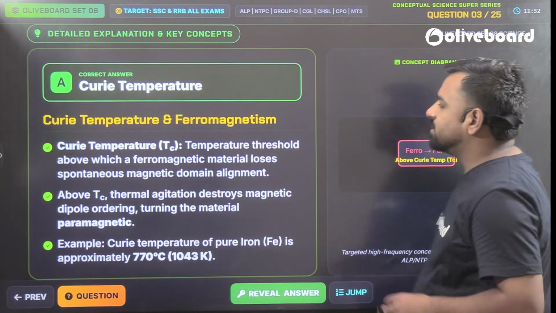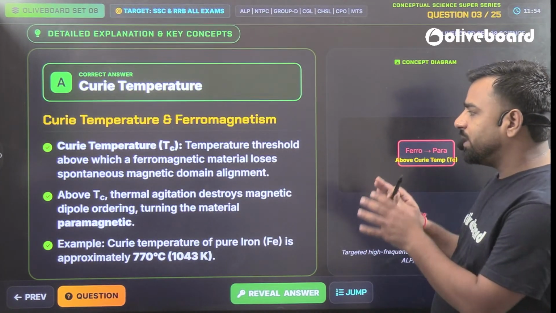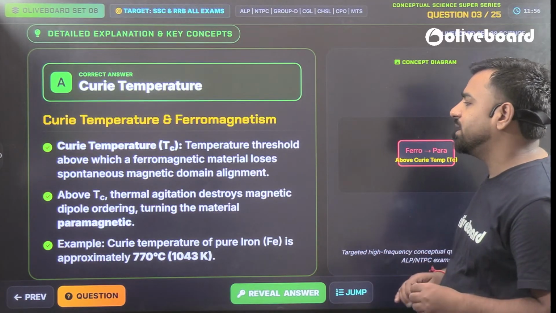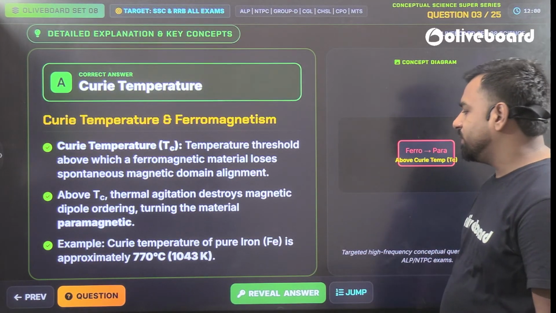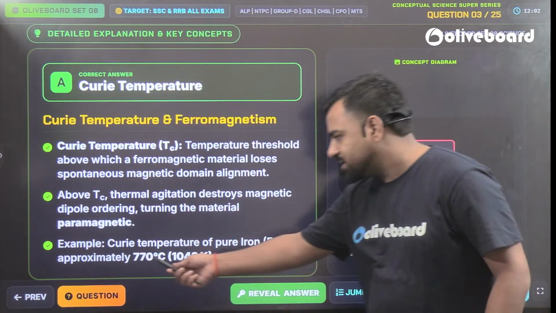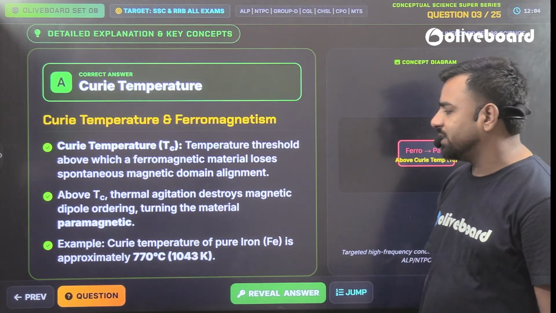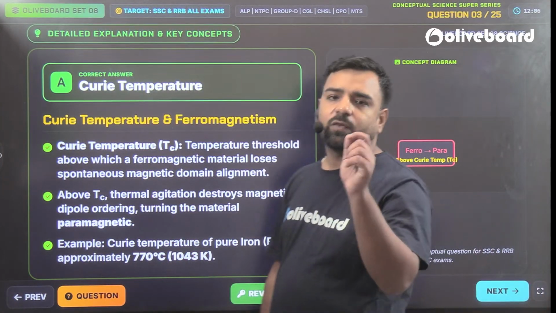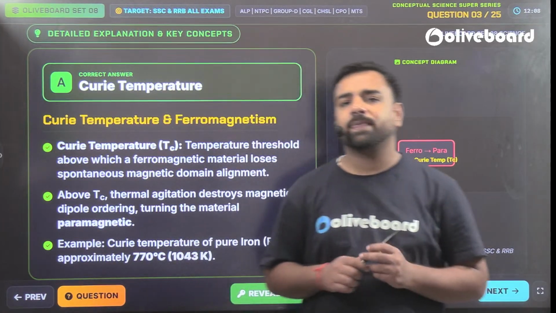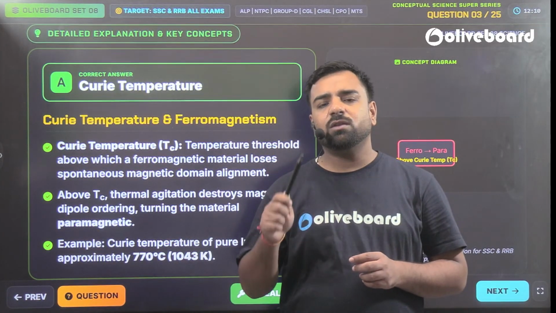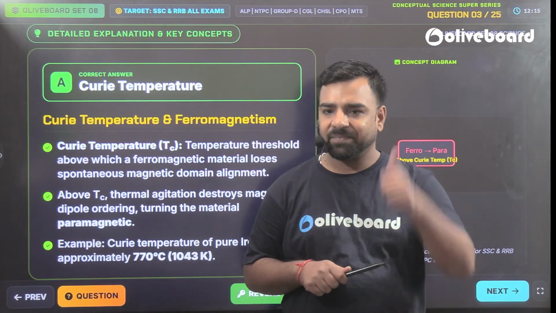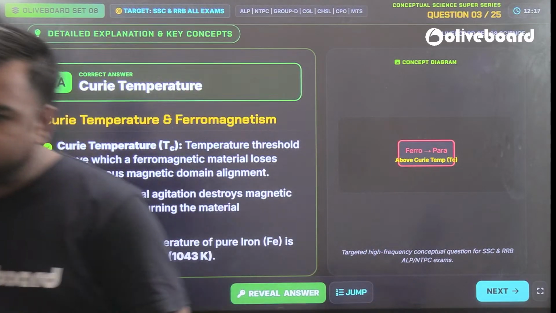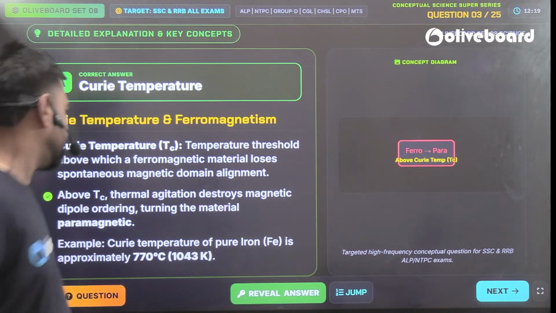The Curie temperature is the threshold above which a ferromagnetic material loses its spontaneous magnetic domain alignment. The Curie temperature of pure iron is 770 degrees centigrade, or 1043 Kelvin. What is the relation between Kelvin and degree centigrade? Whenever you add 273 to the degree centigrade, you get the value in Kelvin, right? Perfect. Ankita and Harry, both of you are correct here too.